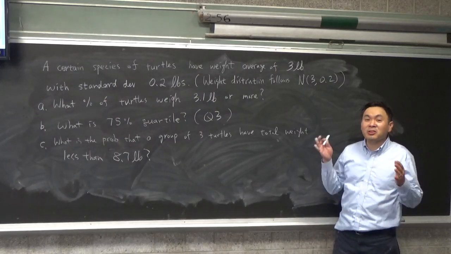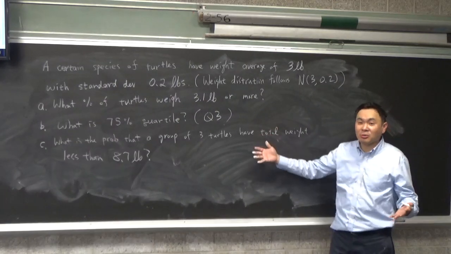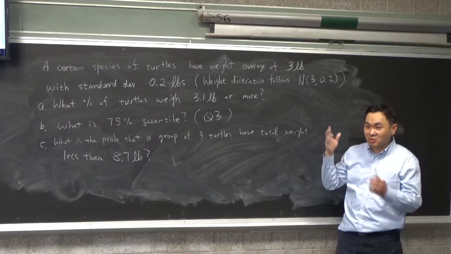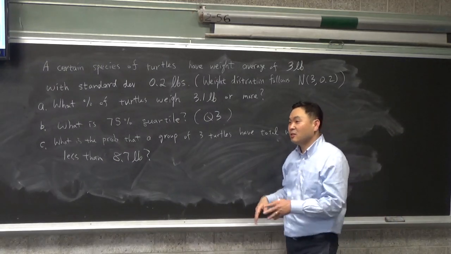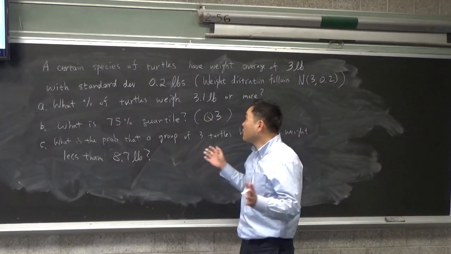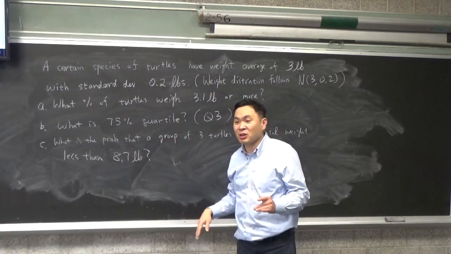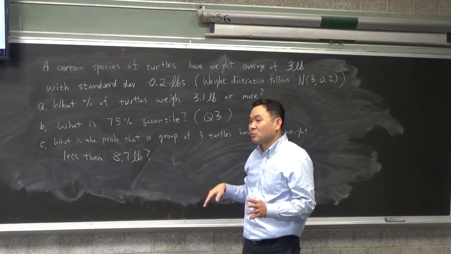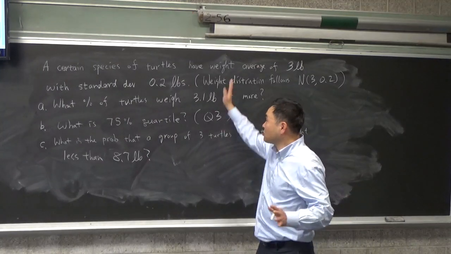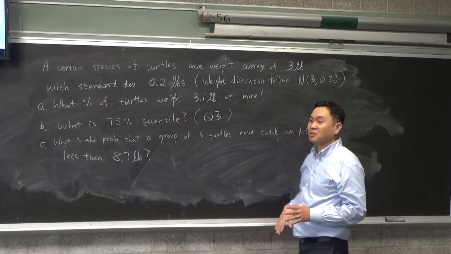Now imagine that you did have thousands of turtles, and you did measure all the weight, but then after measuring their average weight and calculating the standard deviation, and observing that it's a normal distribution, this is all you reported in that paper.